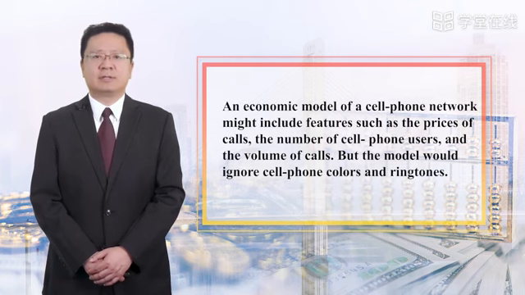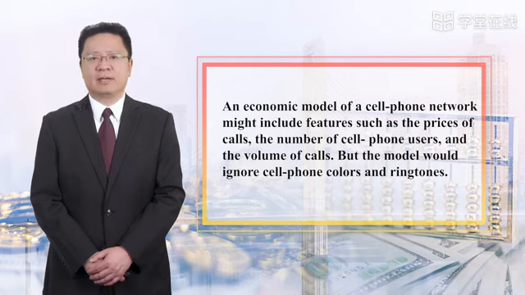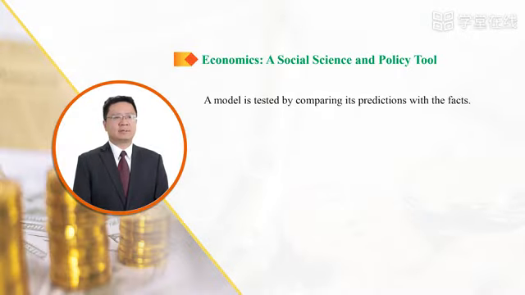For example, an economic model of a cell phone network might include features such as the price of calls, the number of cell phone users, and the volume of calls, but the model would ignore cell phone colors and the ringtones. A model is tested by comparing its predictions with the facts.